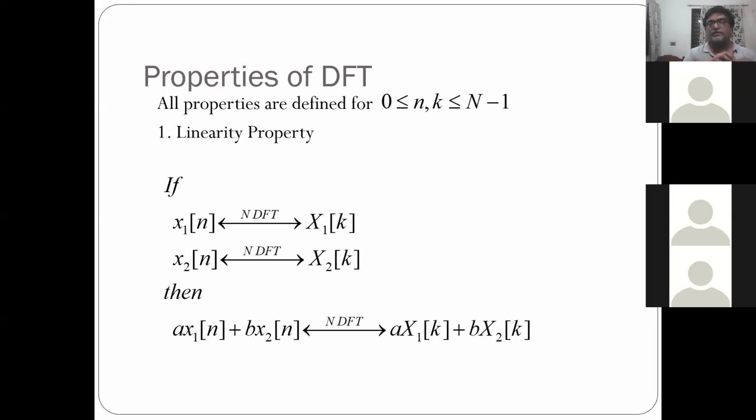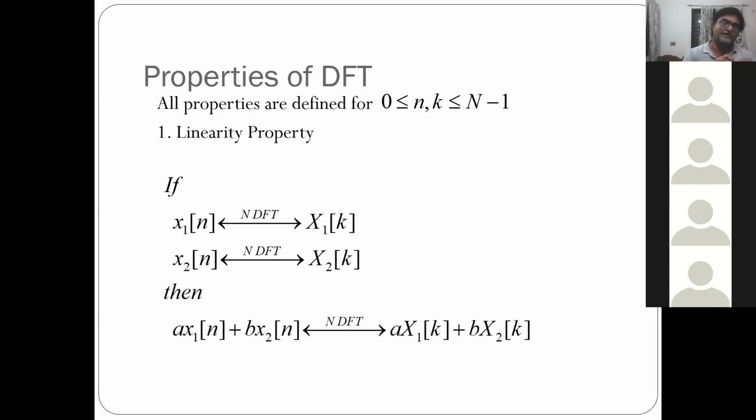Now, Helena Saju, can you tell me what is this N DFT? This we have seen towards the end of the previous class. Why do you write this N DFT? Say for example, I will put a numerical value to N. Let me put this value of N as equal to 8.